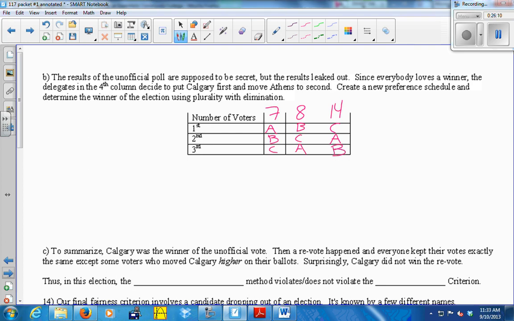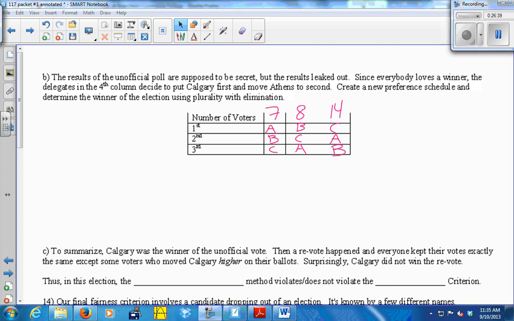Okay, so here's my new preference schedule where I have taken those last 4 people and had them vote CAB instead of ACB. All right, now in your groups, I want you to figure out the winner using plurality with elimination now that those 4 people have made positive changes for Calgary. And that's the only change, and that was a good change for Calgary, already the winner.